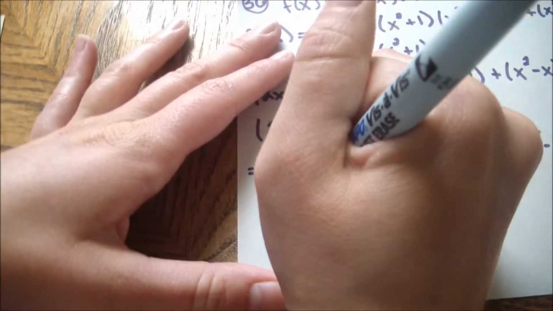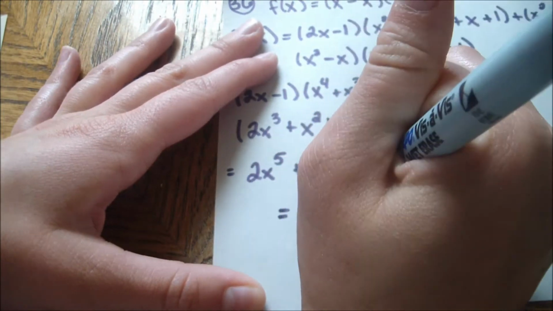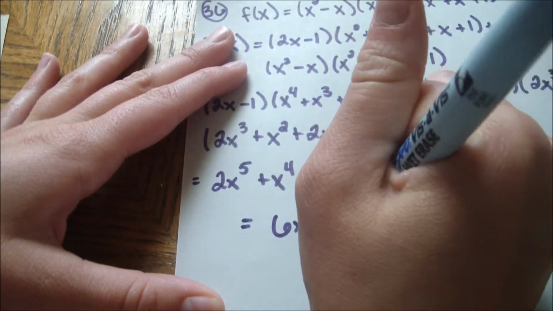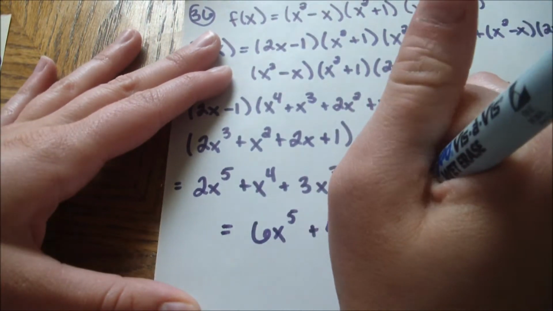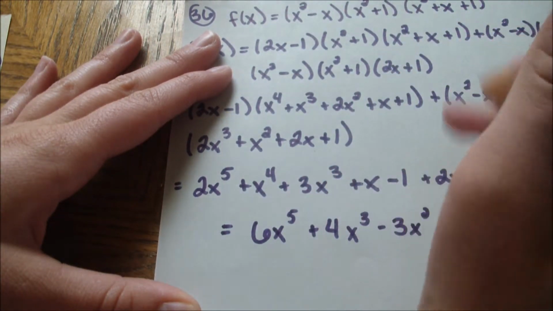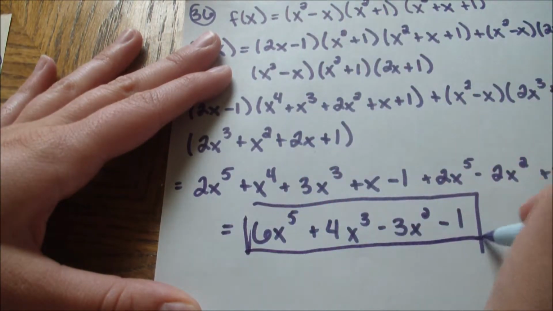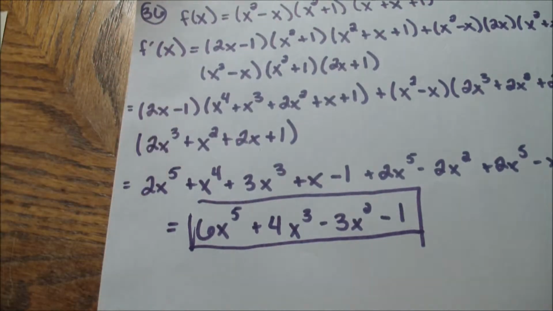And that simplifies out to be 6x to the fifth plus 4x to the third minus 3x squared minus 1. And there's 36.